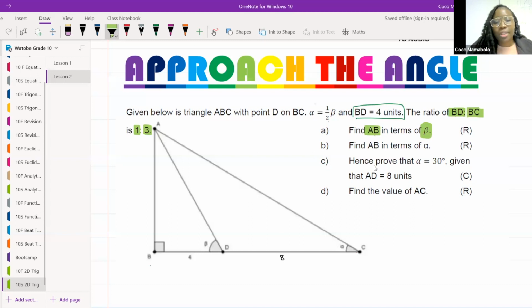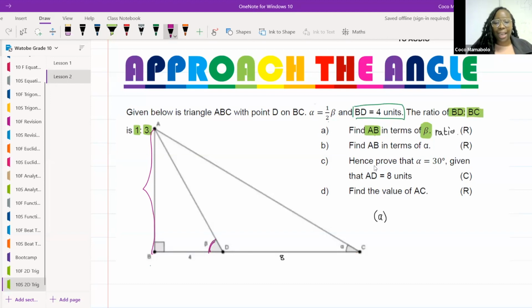In terms of the angle, that means that we only need to write a ratio. Our answer is not going to give us something that we can punch into our calculator. We're just going to have to write a ratio. So let's look at this, guys. Where is AB? This is AB over here. AB, in terms of the ratio, beta.